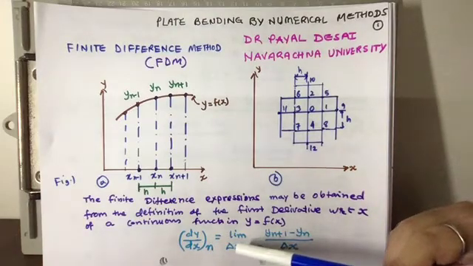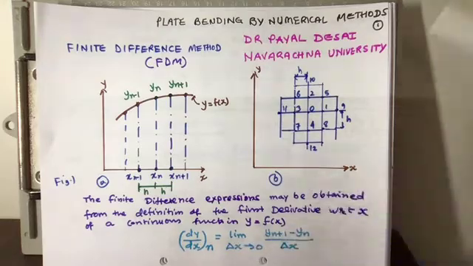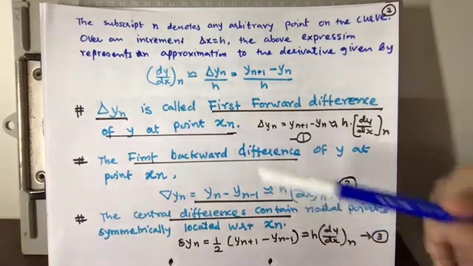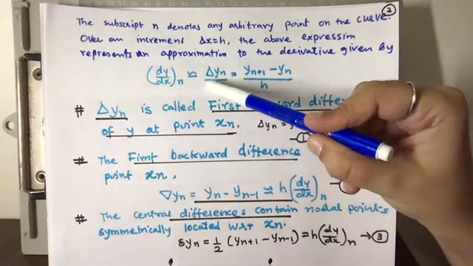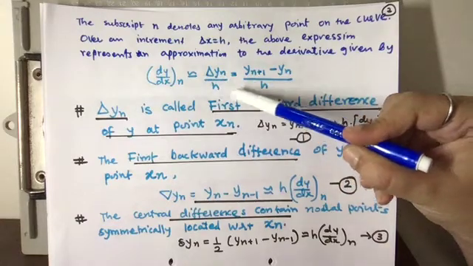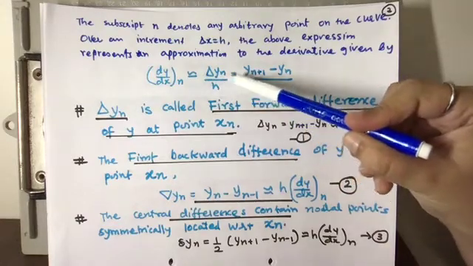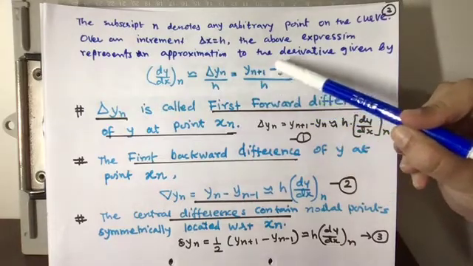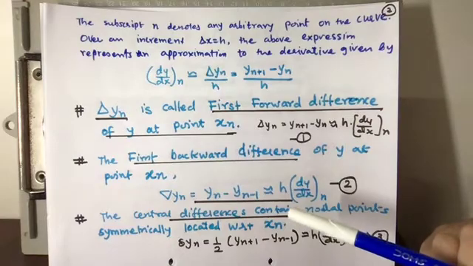Now we can also write this approximately as dy/dx is approximately delta yn by h, where h is the difference between two intervals: (yn+1 minus yn) divided by h.